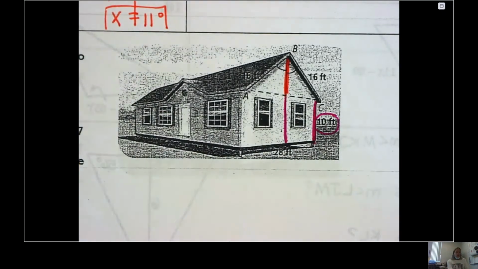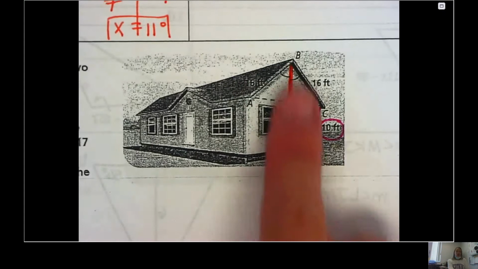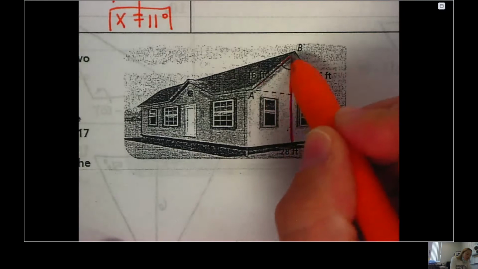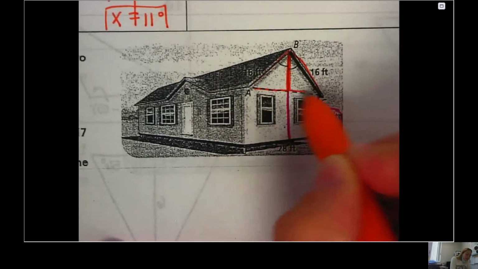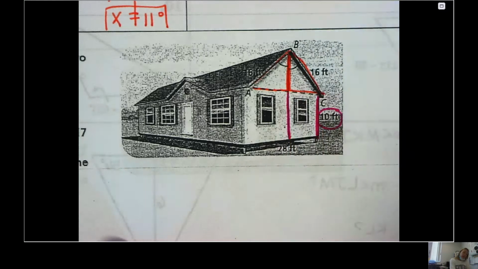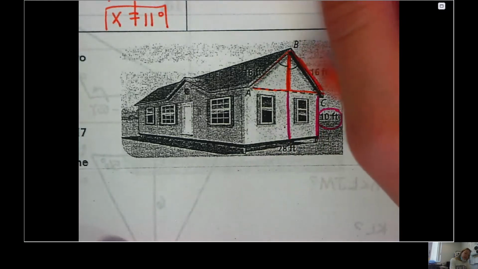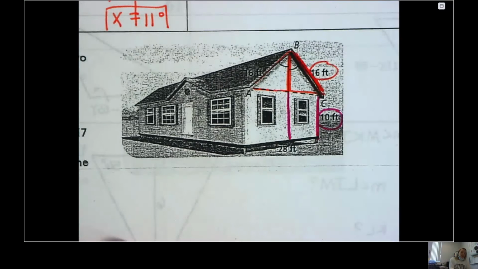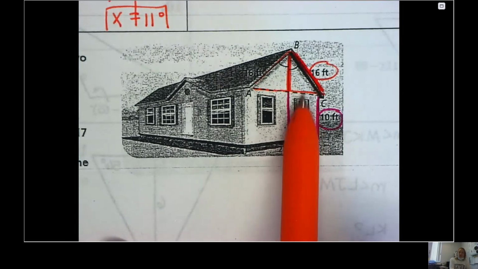All right, so you already know this 10 here. Up at the top, I have an isosceles triangle. So I've got my big triangle here, and then two smaller ones on the inside. You already know this side piece over here is 16. I need to figure out what these two sides are.